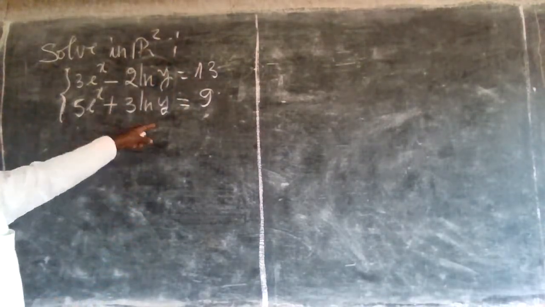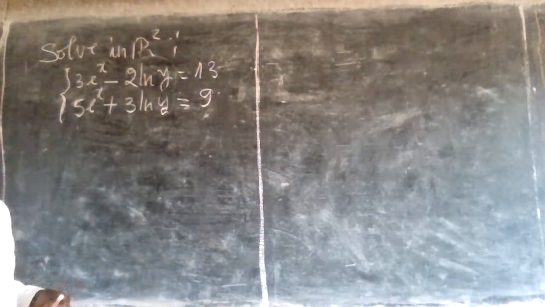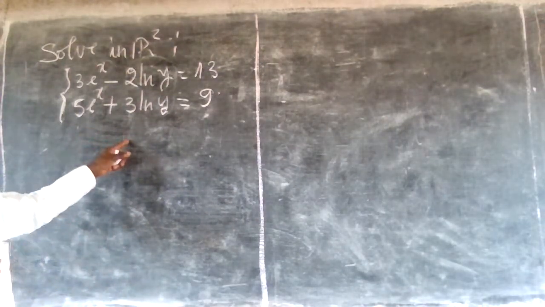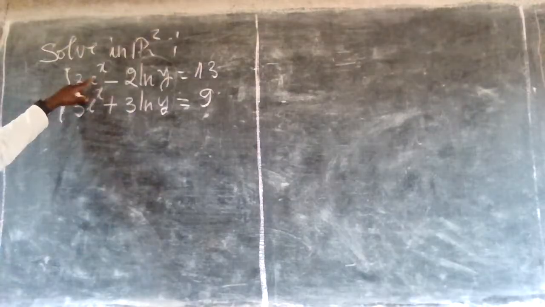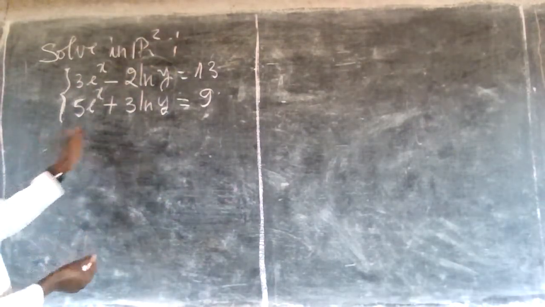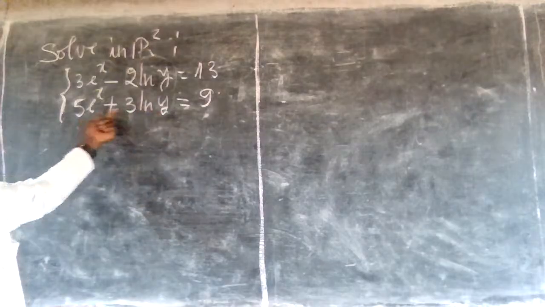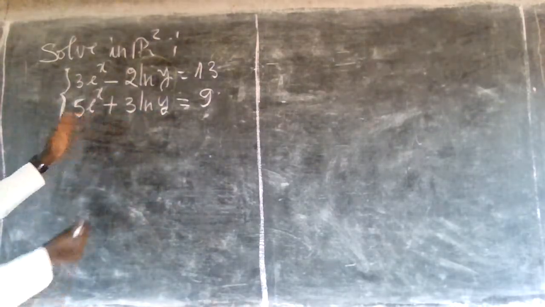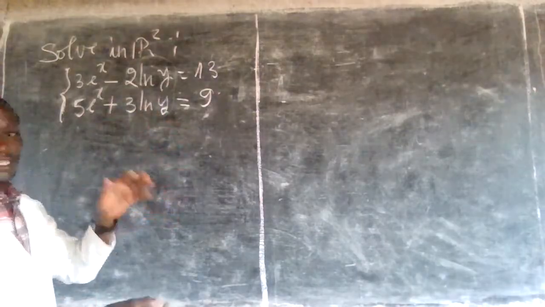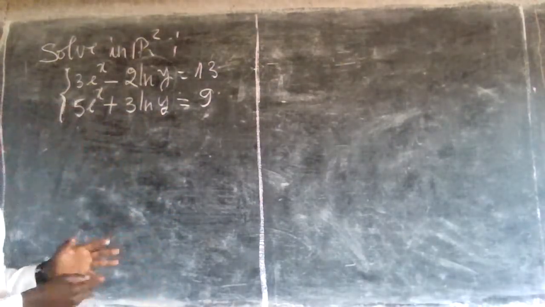What should we do at this step? It is better to assume, to suppose this and this one, so that with two unknowns, we are going to solve these equations easily or in a good way.